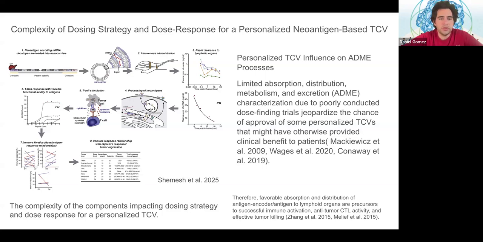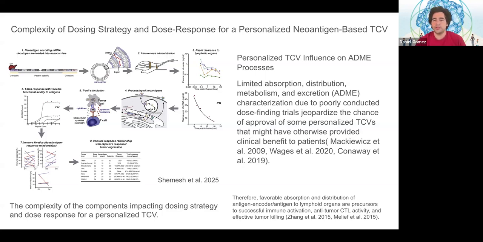So we have the tumor type, dose level, neoantigen count, patients, tumor response, and T cell response, where we can look at the immune response relationship with objective response to tumor regression. So that's the complexity of the components impacting dose strategy from dose response for personalized TCV.